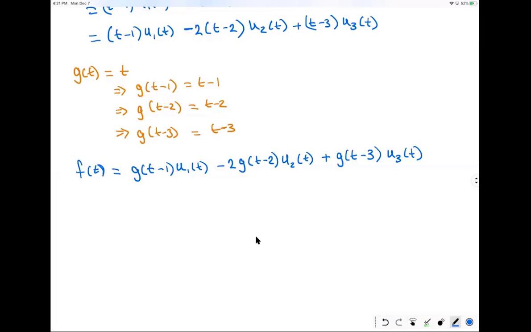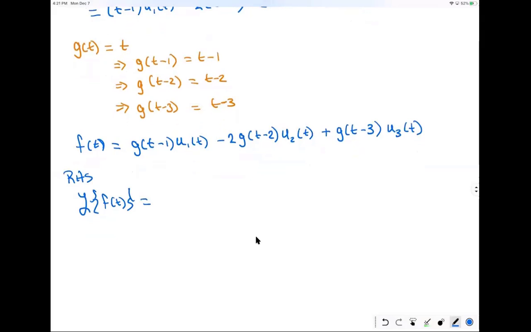And that's just the right-hand side of my Laplace transform. So for the right-hand side, I take the Laplace transform of f of t. And because of that shifting theorem, that will be e to the minus 1s times the Laplace transform of this g, which I'm going to write as t each time, because remember g equals t.